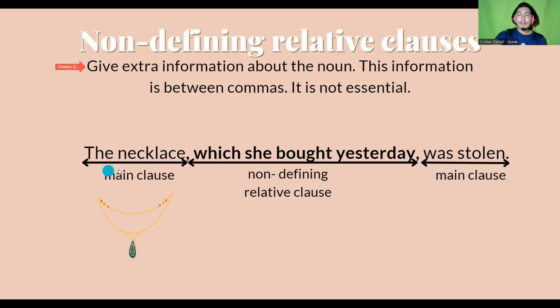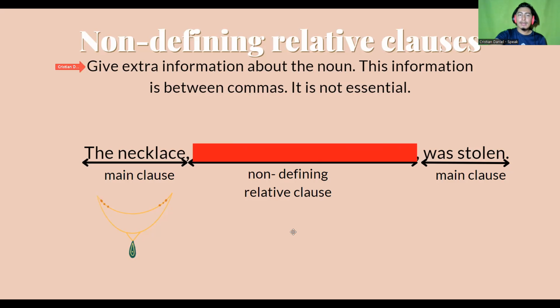The necklace, which she bought yesterday, was stolen. Look at it. The sentence in this case is divided in three parts, but the first and the last part are the same, the main clause. Why? For a moment, everybody, let's eliminate together the non-defining relative clause.